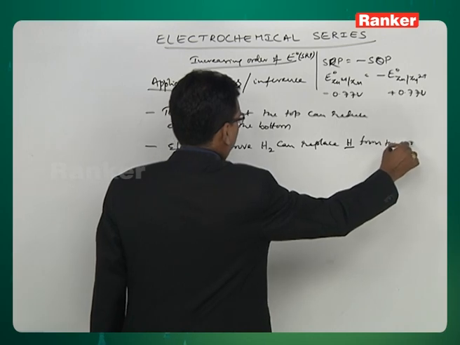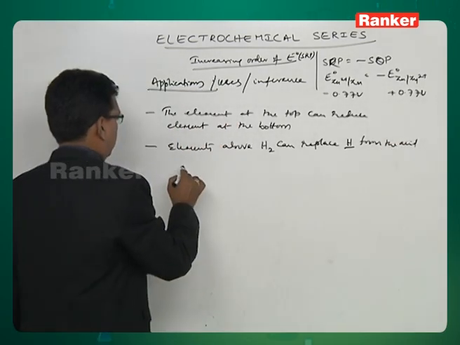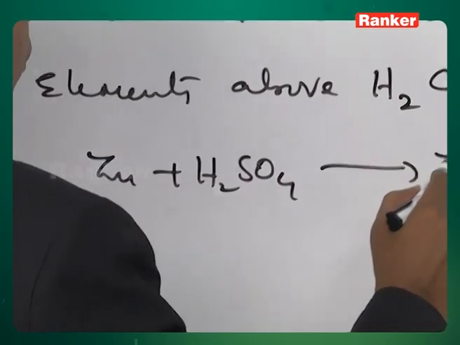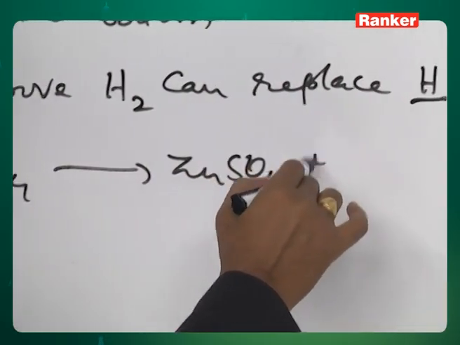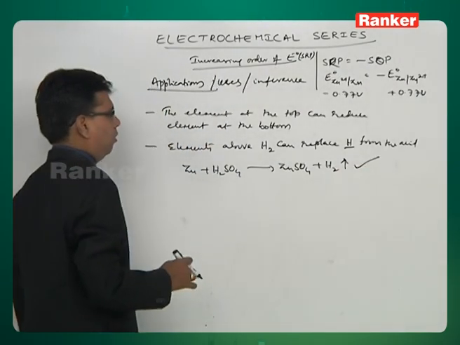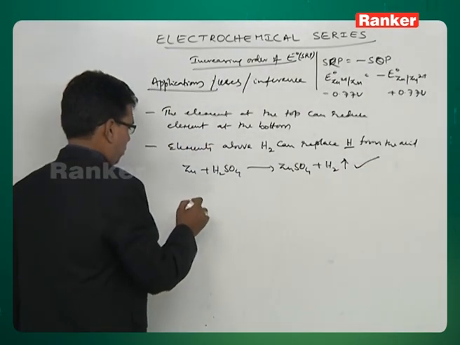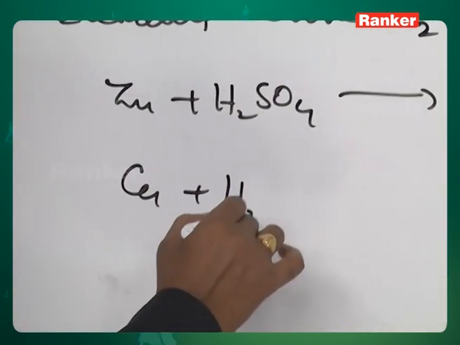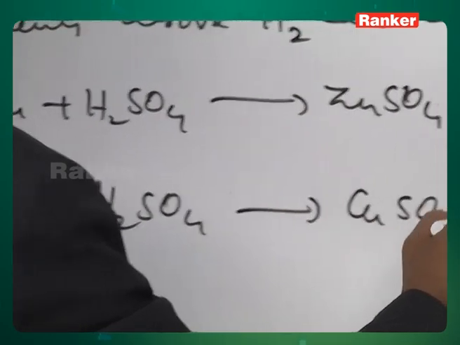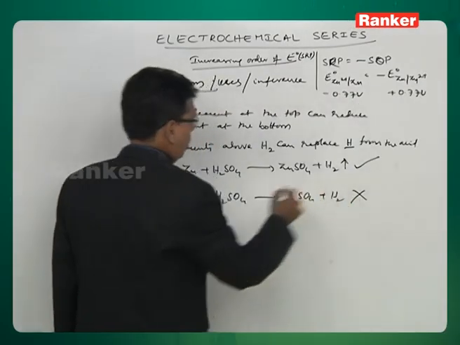from the acid. For example, Zn plus H2SO4 gives ZnSO4 plus H2. This is possible, but Cu plus H2SO4 giving CuSO4 plus H2 is not possible.